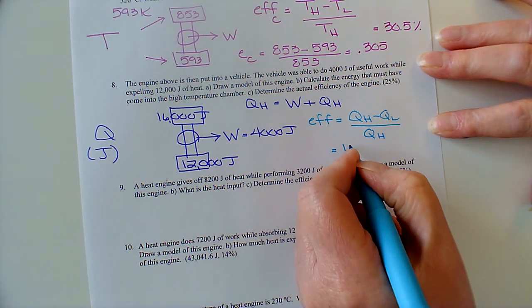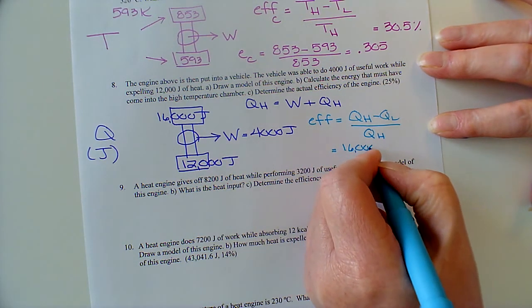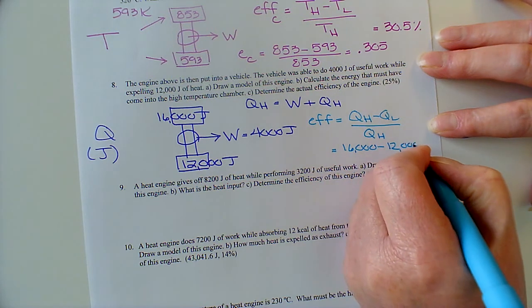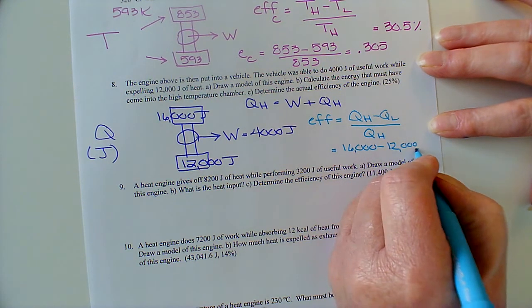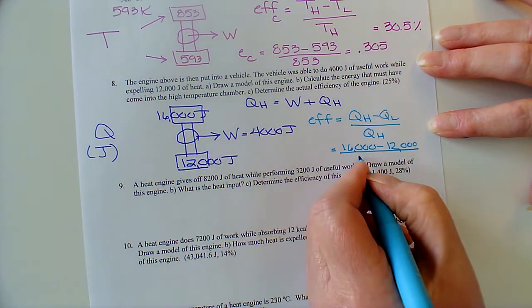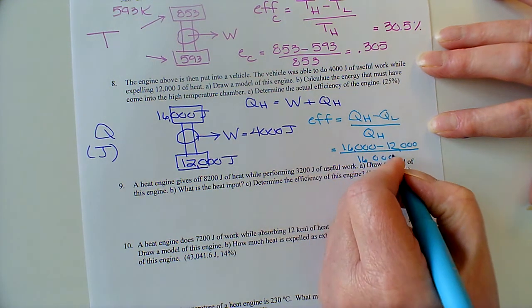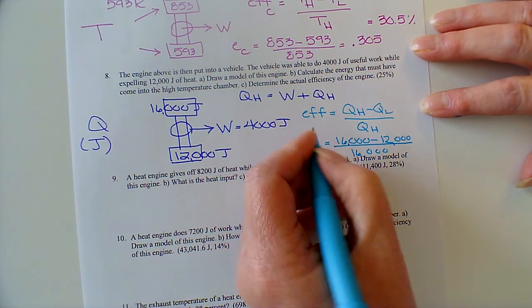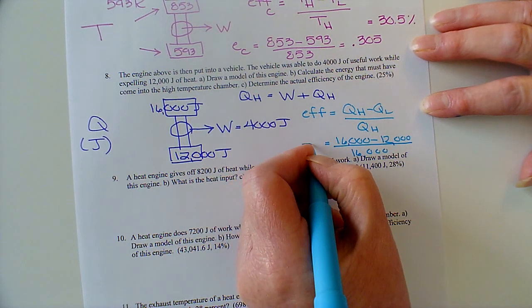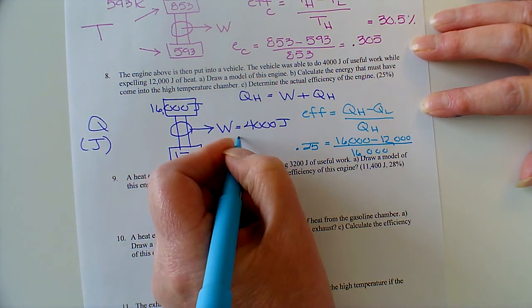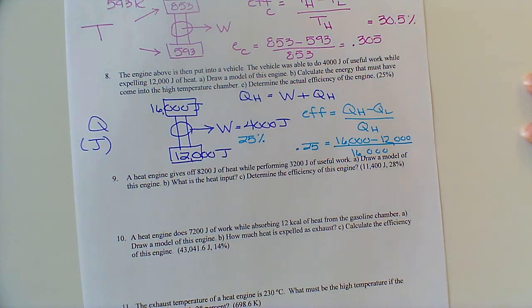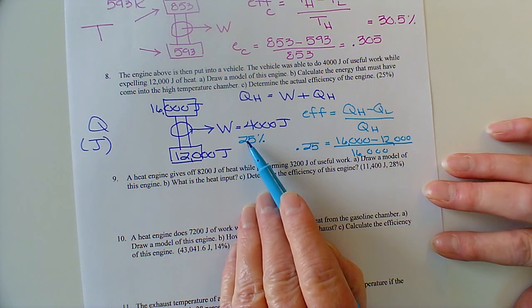So I had 16,000 come in. I had 12,000, I'll say wasted, over the 16,000. And so I divide that out and I find out that I get 0.25. So I was able to get 25% efficiency out of this engine.